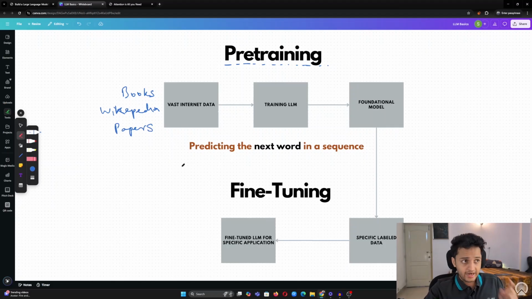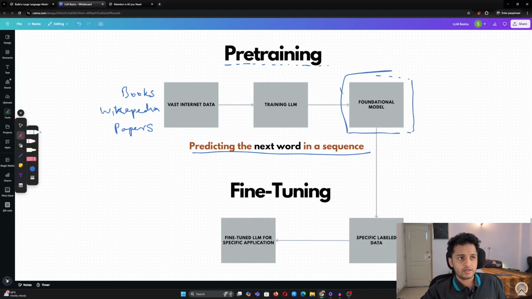All of this is fed into the LLM and it is trained on predicting the next word in the sequence. Imagine you are telling a kid that this word comes after this. These particular words come after this. So this is how an LLM is trained. And when you train the LLM in this way, you obtain something called the foundational model.